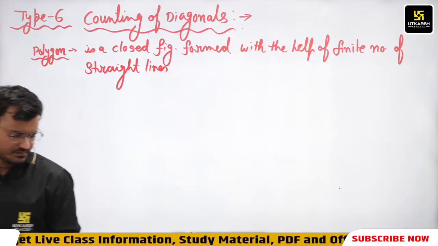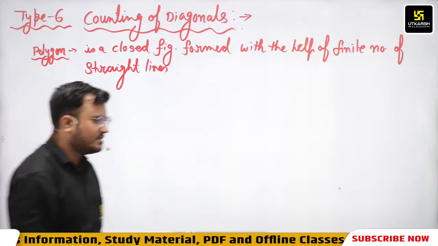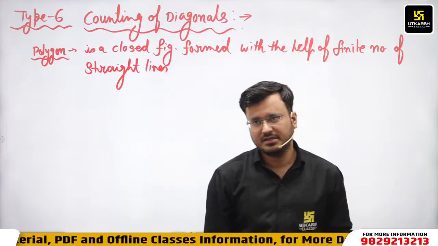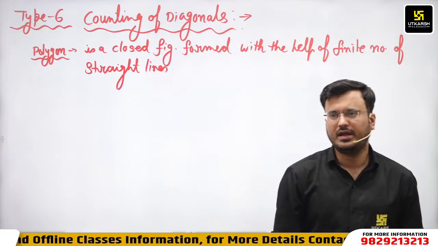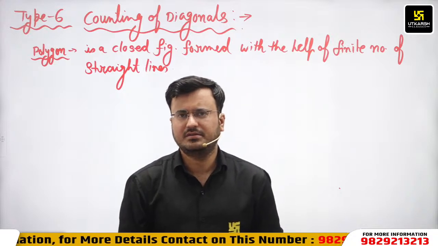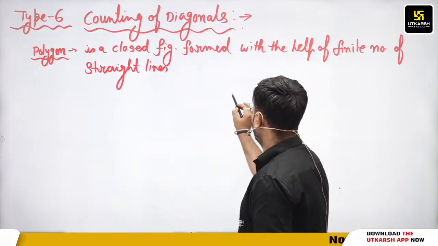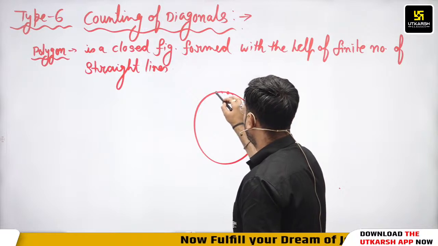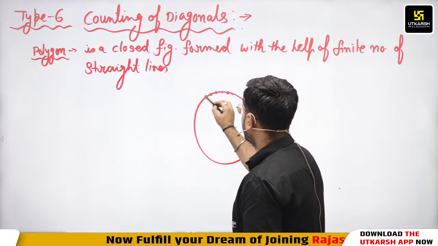Some students ask whether a circle is a polygon or not. My answer is that a circle is not a polygon. Why? Because a circle has an infinite number of straight lines. If we draw a circle, you can see these dots, and these dots are considered as straight lines.